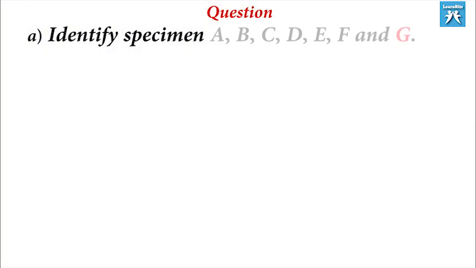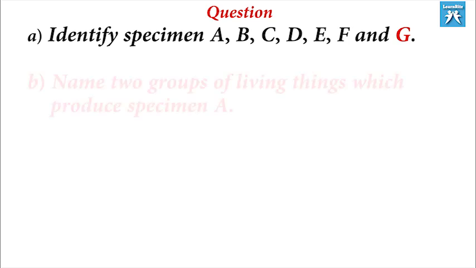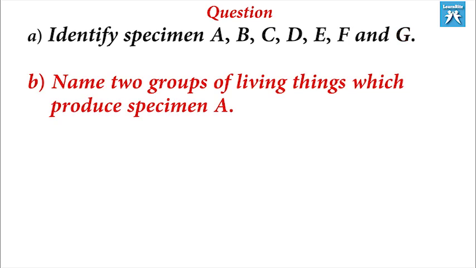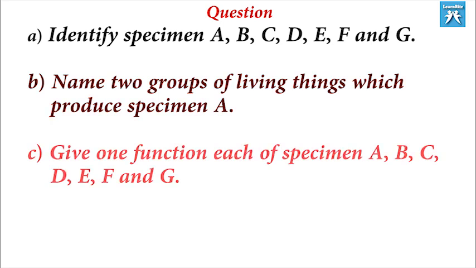Identify specimens A, B, C, D, E, F, and G. The second one. Name two groups of living things which produce specimen A. Next question. Give one function each of specimens A, B, C, D, E, F, and G.